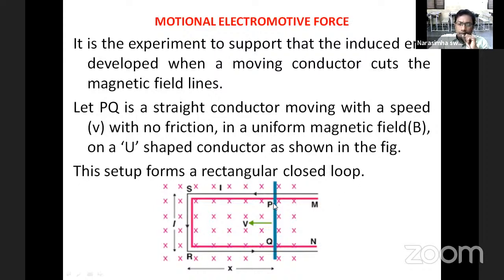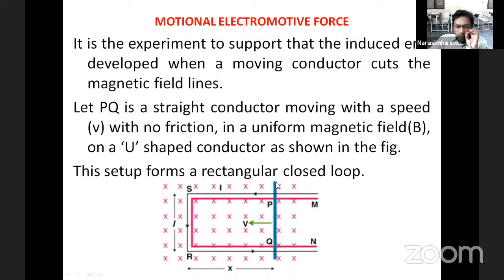On that, PQ is the rod, a conductor, kept on the frame. This PQ rod is movable. It's a frictionless area, so it can move easily.